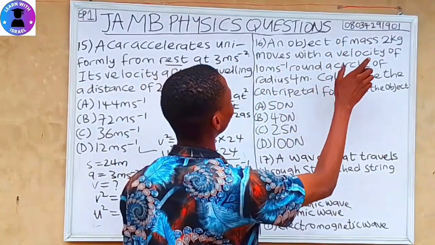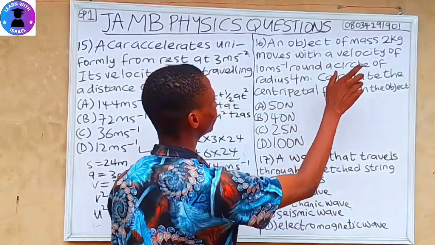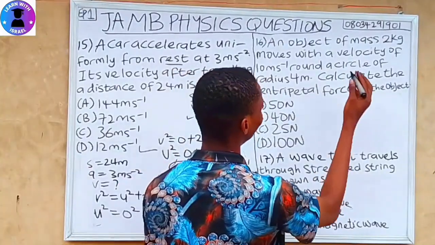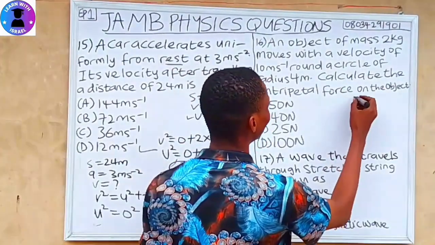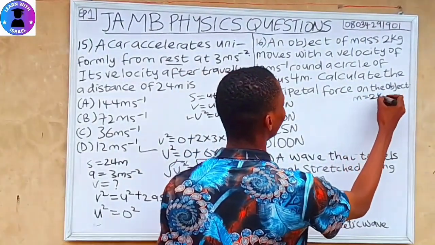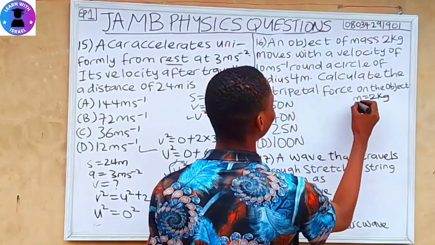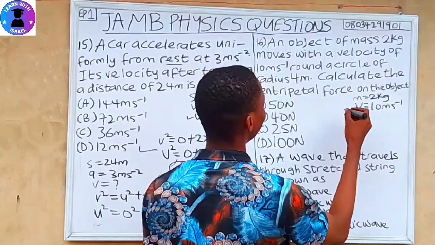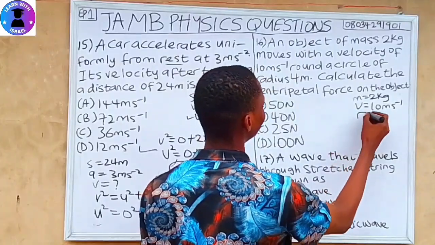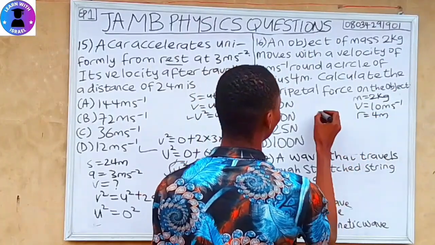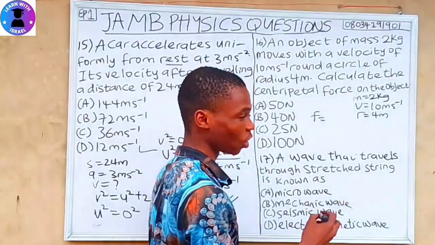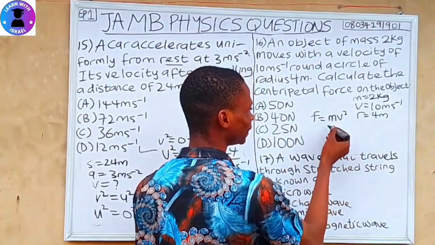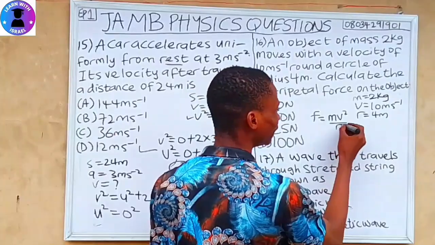An object of mass 2 kg moves with a velocity of 10 meters per second. The best thing to do is to write out our givens. Our mass is 2 kilograms, our velocity is 10 meters per second, and our radius is 4 meters. So our centripetal force formula is mass times velocity squared over r.